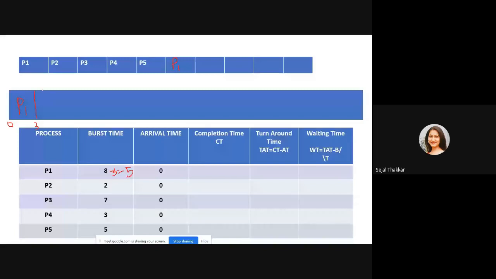Between P1 going out and P2 coming in, there is a context switching of 1 unit. So from time 3 to 4 we have context switching.